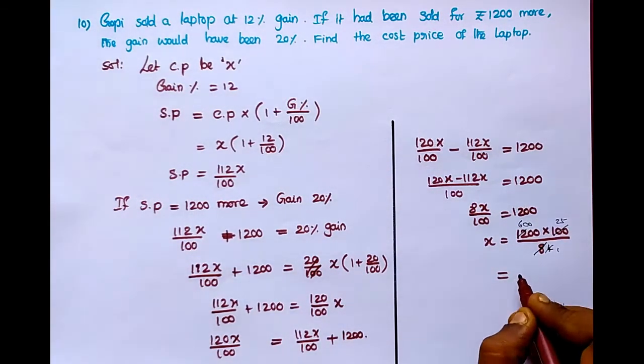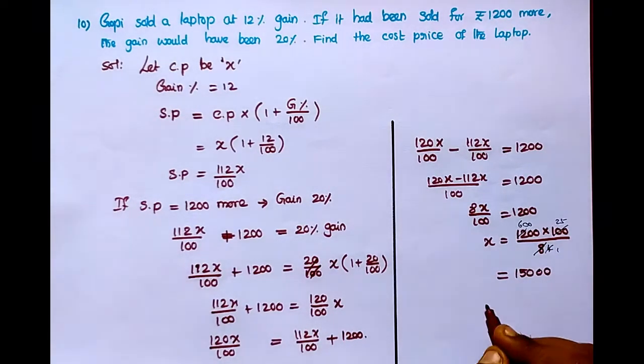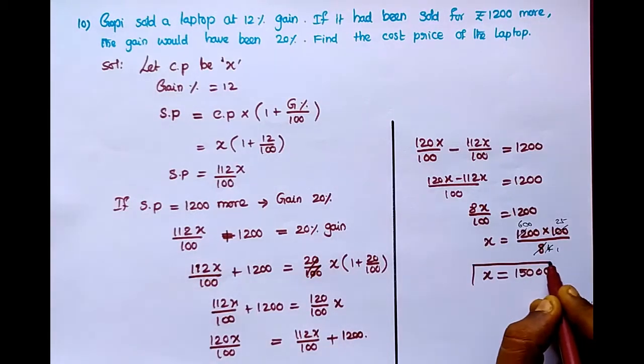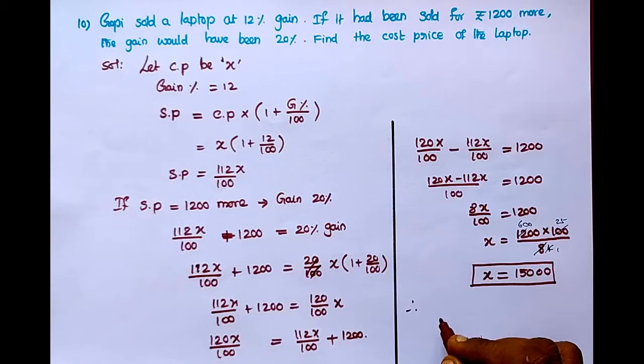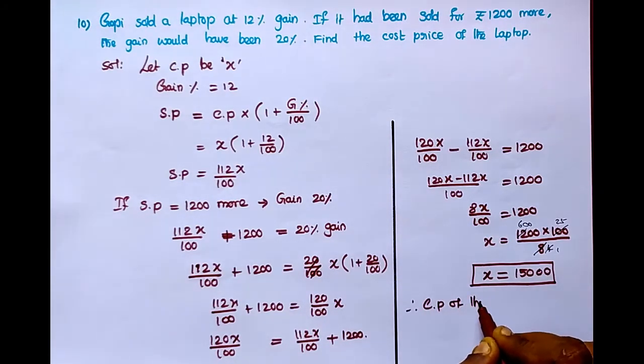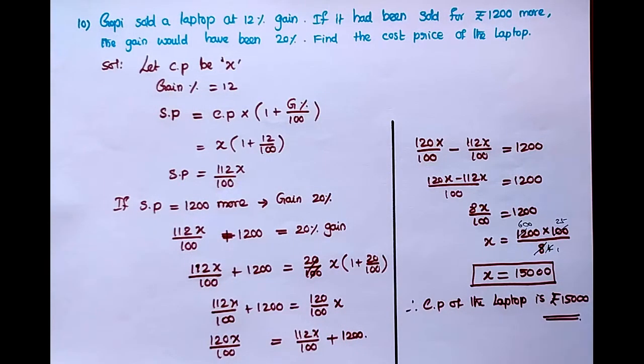So 6 into 25, 150, and put 2 zeros means 15,000. Now the cost price of the laptop is rupees 15,000. That is the answer.